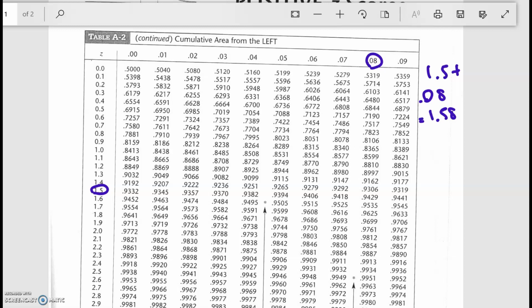So I'm going to stay in this line right here, and where they intersect, there's my area to the left of that z-score.